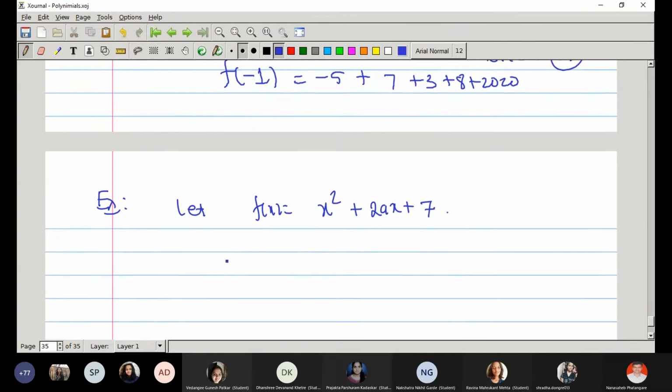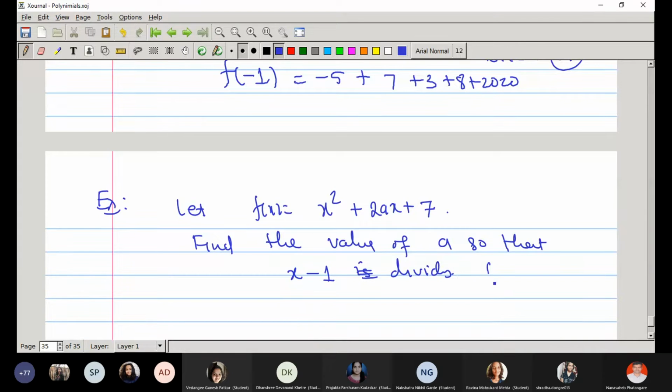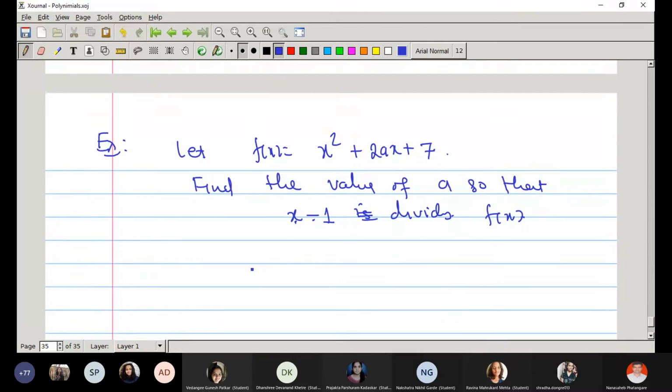Find the value of a so that x minus 1 divides f(x).